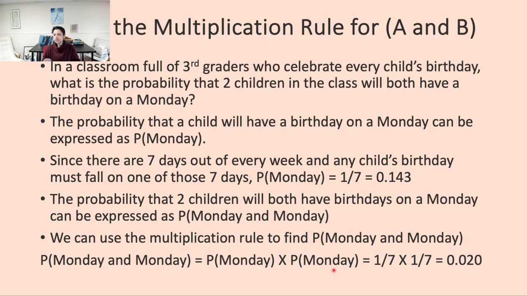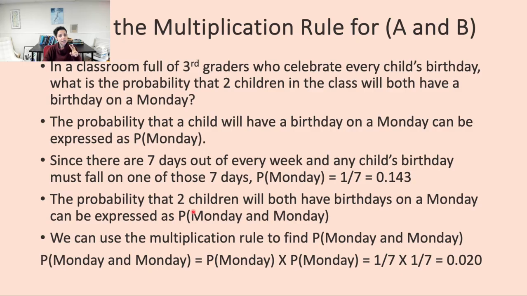Since there are 7 days in every week and the birthday has to fall on one of those 7 days, the probability of a birthday on a Monday is equal to 1 over 7. There's one way that a birthday on a Monday can happen, and there are 7 possible days. So the probability of having a birthday on a Monday for one child is 0.143.